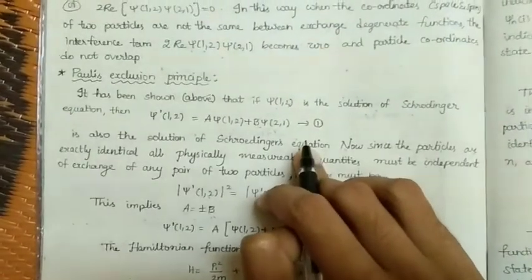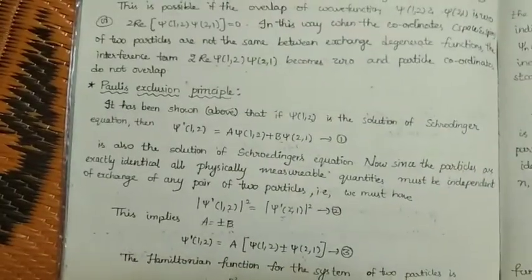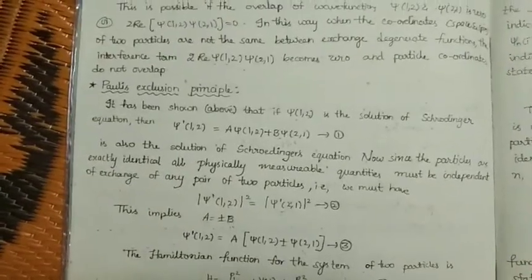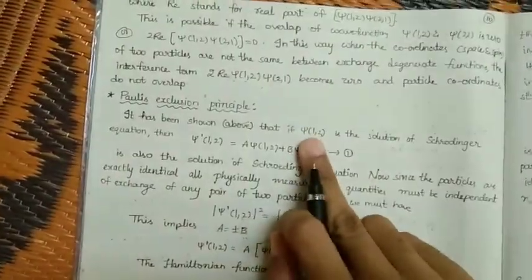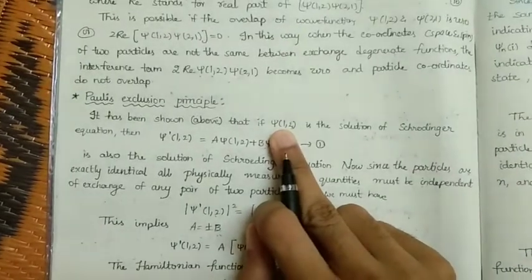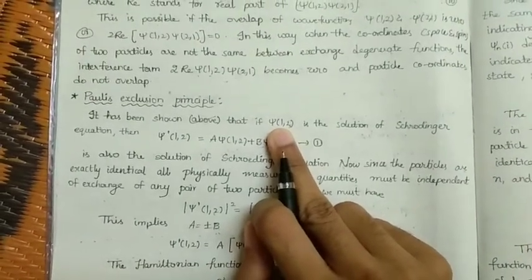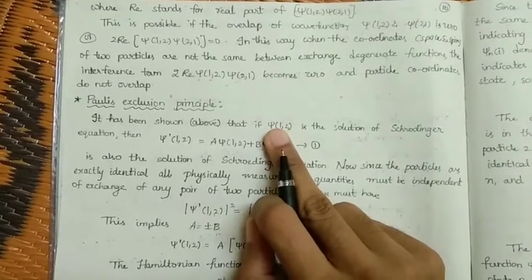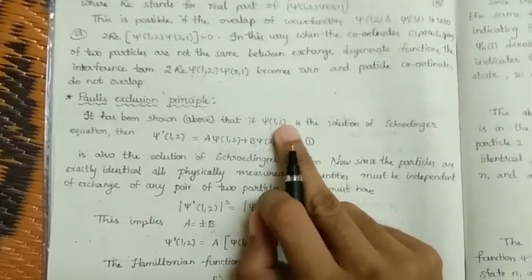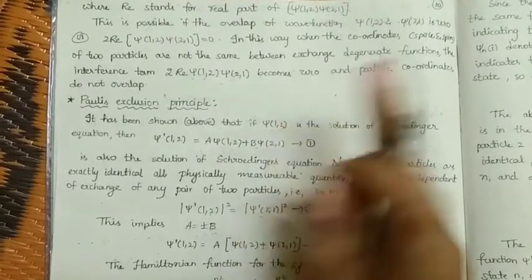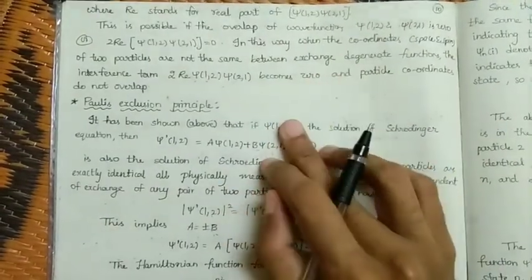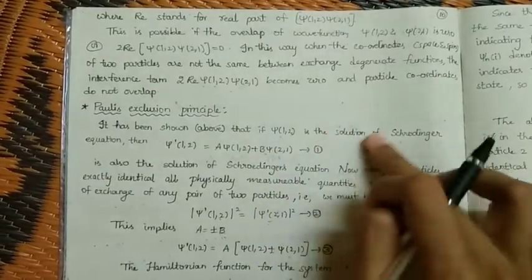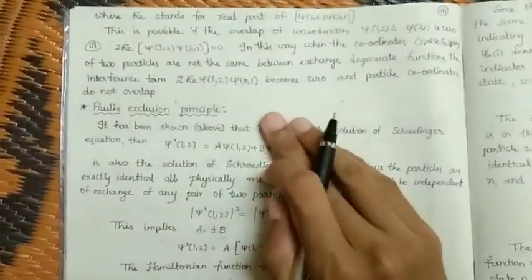If we consider identical particles, and electrons are identical particles, then if we shift the second electron into the place of the first, and the first into the place of the second, that is, if we interchange their positions, that would also be a solution of the Schrodinger equation.